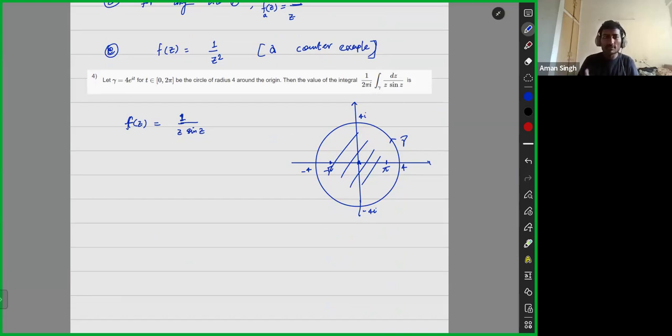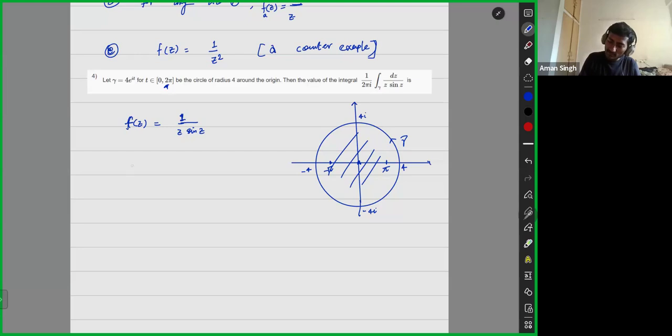Here the winding number is 1, so it is not mattering to us because this circle winds these points exactly once. If it was, for example, 4 pi here, then it winds 2 times, so we have to multiply by 2 extra. That is not the case here. It is 2 pi, so the winding number is 1. We are not going to take care of that.